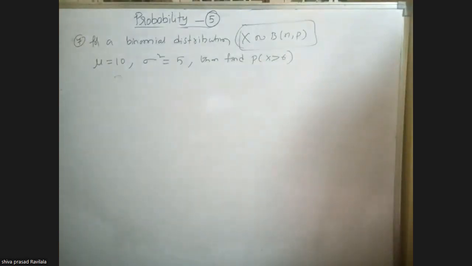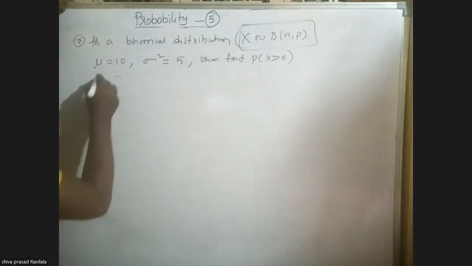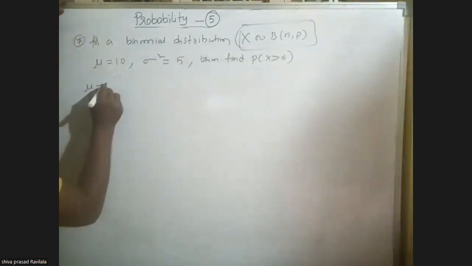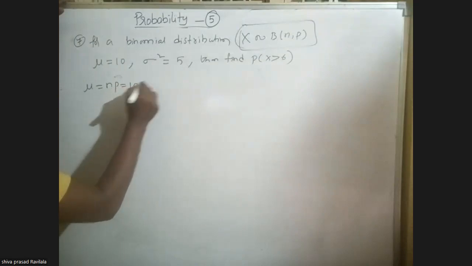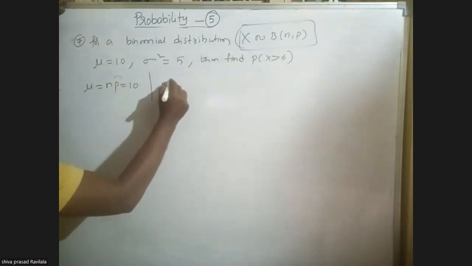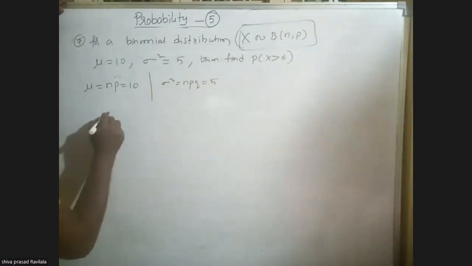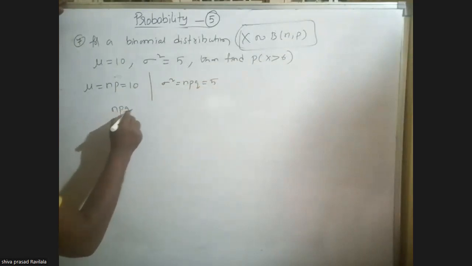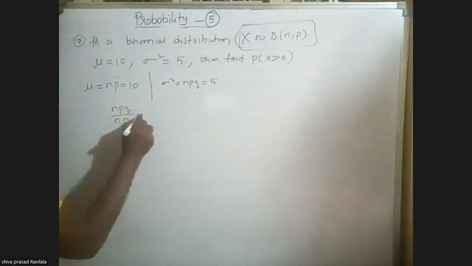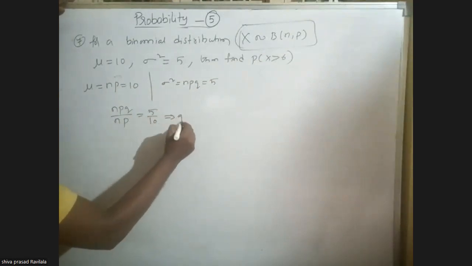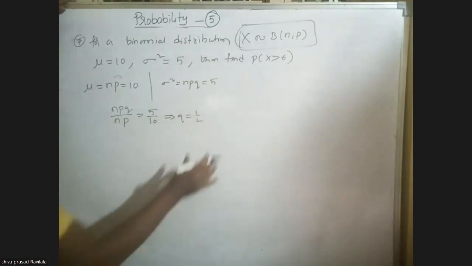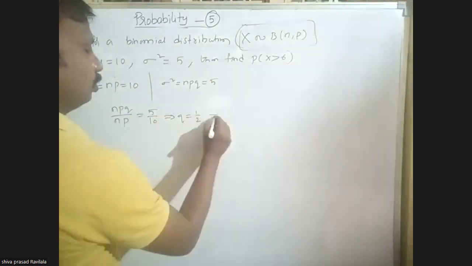Mean mu is equal to 10. Mu means np, which is equal to 10. Variance, sigma square is equal to npq, that is equal to 5. Therefore, npq by np is equal to 5 by 10. np cancels, implies q is equal to 1 by 2.